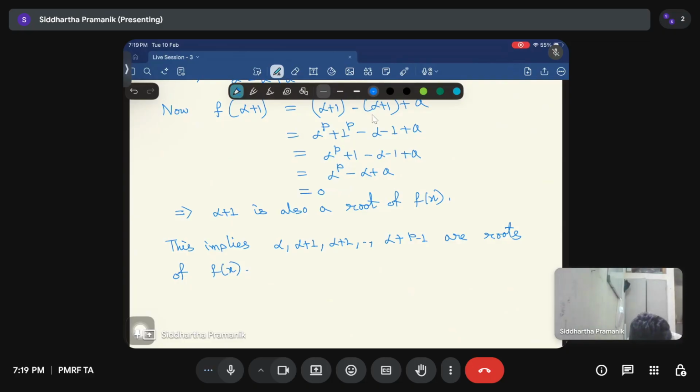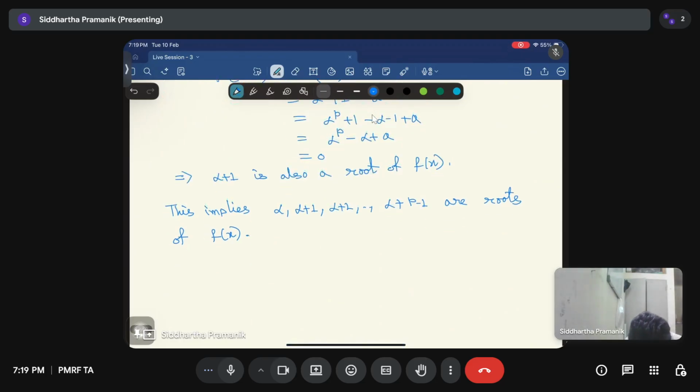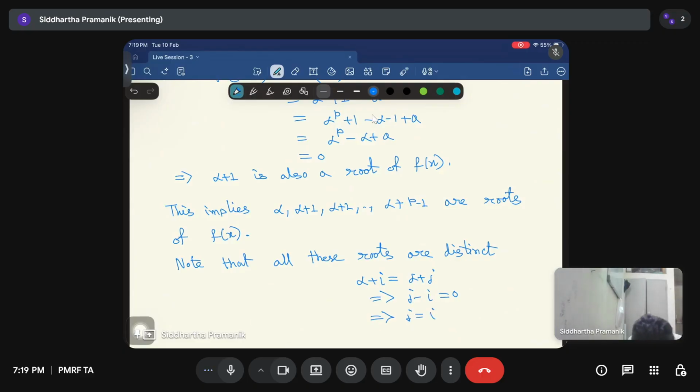So we have got p roots. Now note that all these roots are distinct, because alpha plus i equals alpha plus j will imply j minus i equals 0, which will imply j equals i. So these roots are distinct.